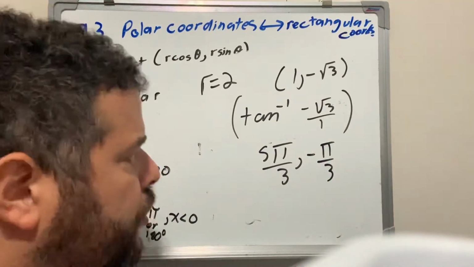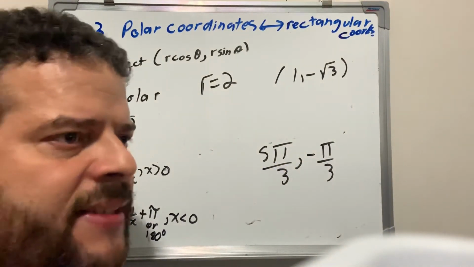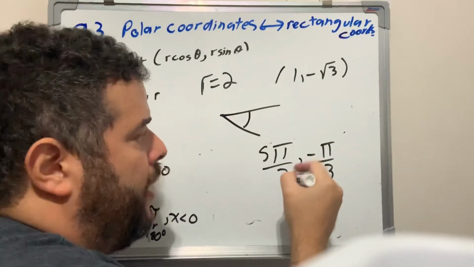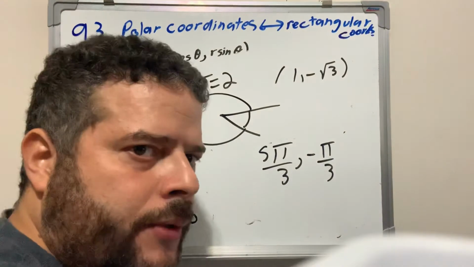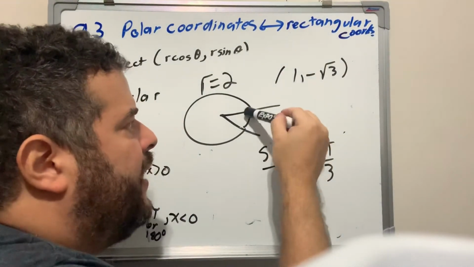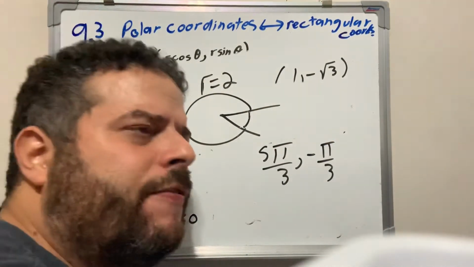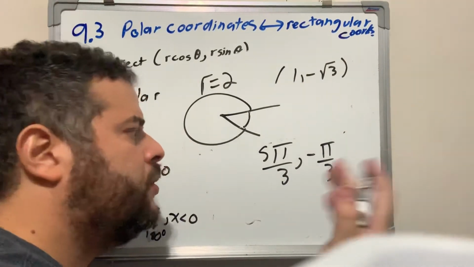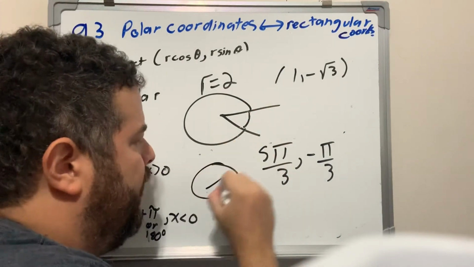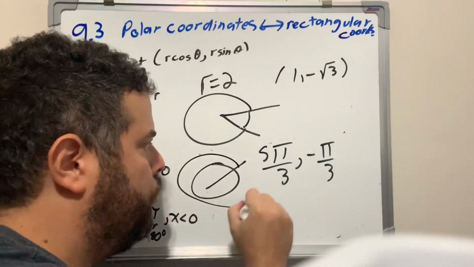Why do I get two answers, Prof? Simple. Yesterday, we saw that there were multiple ways to represent the exact same polar coordinates. The negative angle just went down. The positive angle went almost all the way around. Most of these problems will ask you to find two pairs. You can always find the negative and the positive angle, and that's going to give you the exact same results. Or if that's too confusing, just add 2 pi.